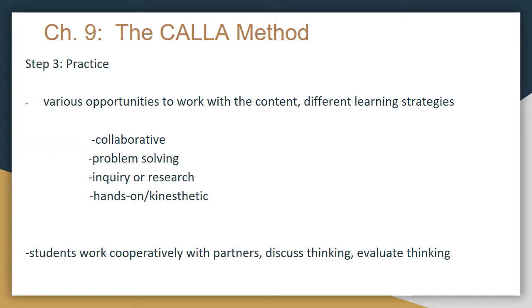As part of the CALLA method, a key element is collaborative learning. So students are encouraged to work collaboratively and cooperatively with partners, and to regularly communicate their thinking, both orally through asking questions and discussions, and also through literacy, through writing. Also, students are asked to evaluate their own thinking.